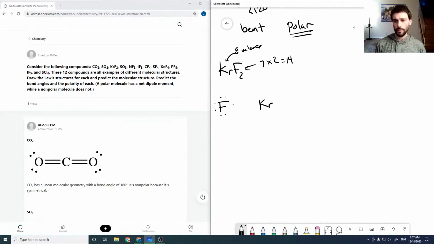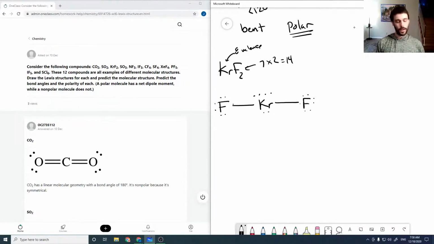So krypton will at least have to do it this way. So split a pair of electrons, which we can do as we move into the D block. And so that will give us our bond there with 3 lone pairs on krypton.